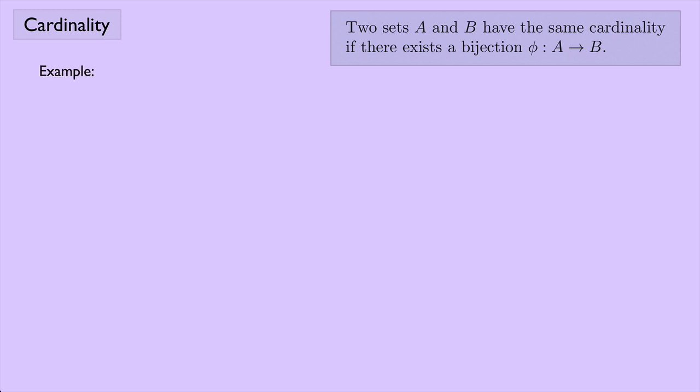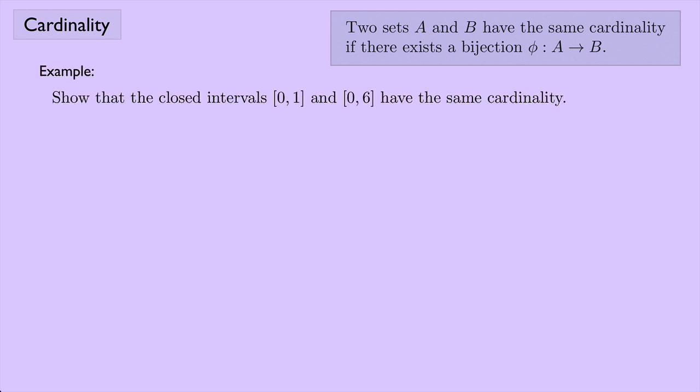Let's look at one more example. Show that the closed intervals [0, 1] and [0, 6] have the same cardinality. Okay, so first we need to find a bijection from [0, 1] to [0, 6]. And this is usually the hardest part of the problem, is just finding the bijection in the first place.